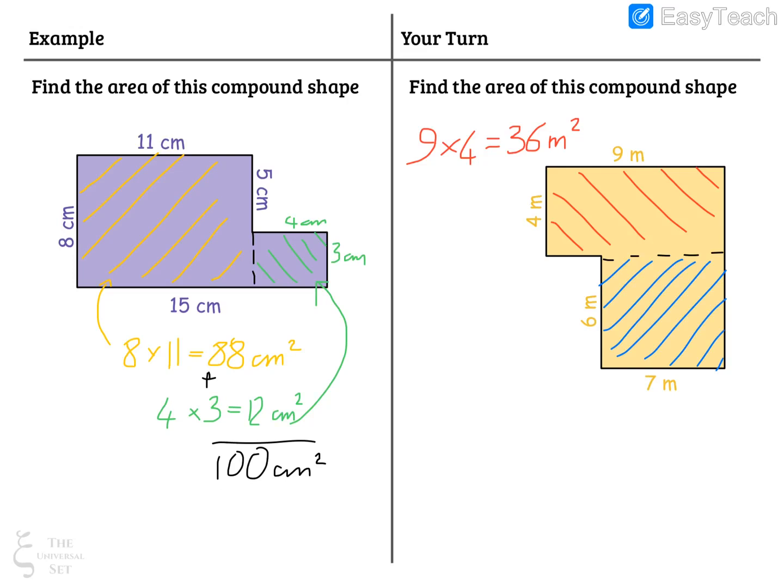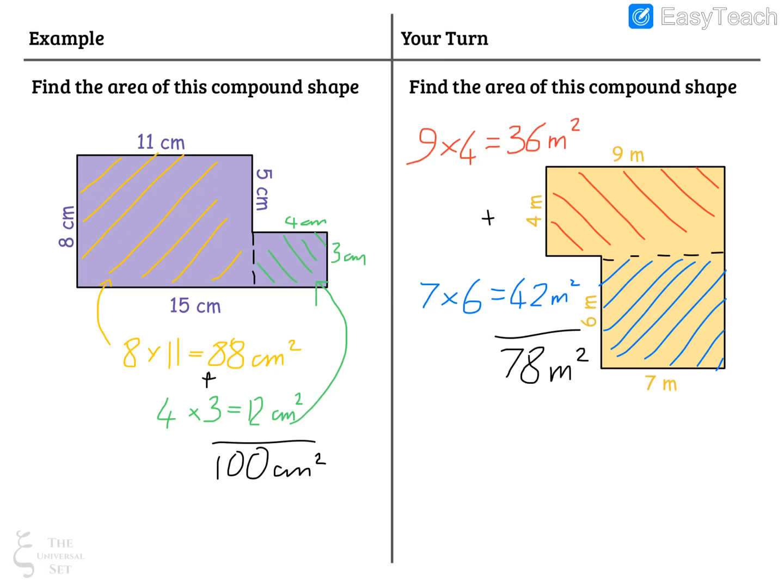And now for this one, there isn't any extra calculations we need to do. We know the length is 7 metres, we know the breadth is 6 metres, so I can just straight away do 7 times 6 is 42 metres squared. And then to get my final answer, we're adding those together here, aren't we? So I've got 36 plus 42, that's going to be 78 metres squared.